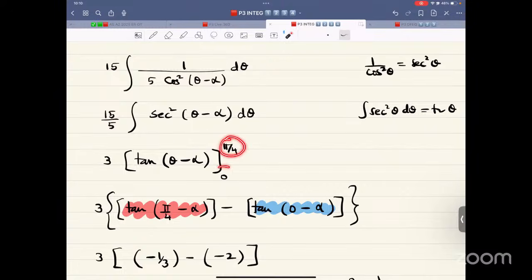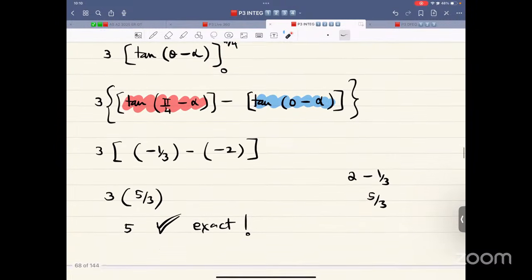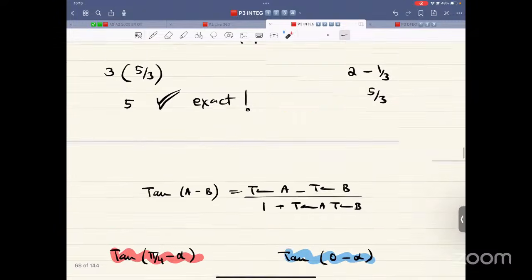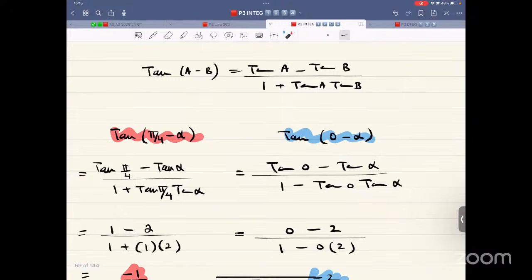When we plug in this value, that's where you have to do the evaluation. So now tangent of pi over 4 minus alpha, that I have done over here in 2 different ways. Tangent A minus B, that is tangent A minus tangent B over 1 plus tangent A tangent B, not 2 different ways, 2 different things that we have done.